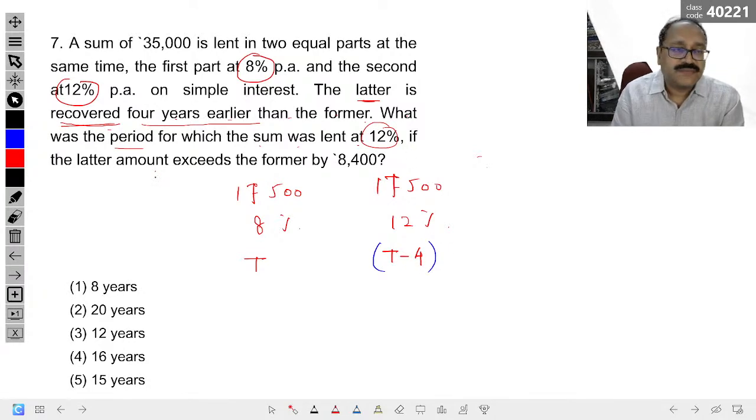The latter one exceeds the former by 8,400. So if the interest from the first part is A and from the second part is B, then B minus A is 8,400.